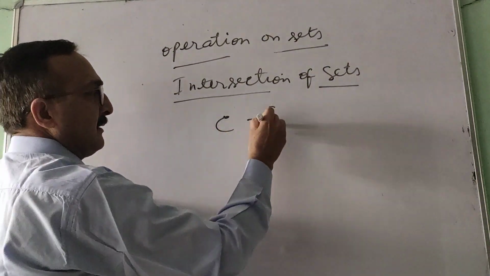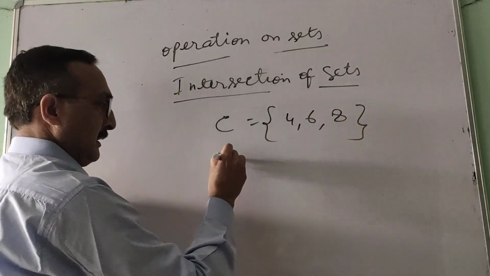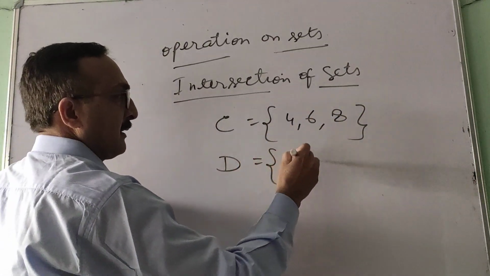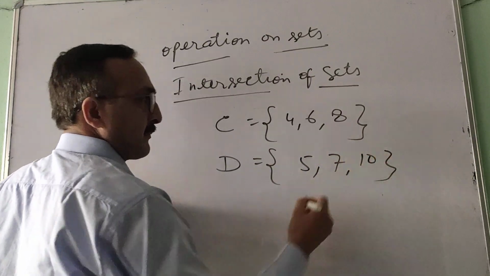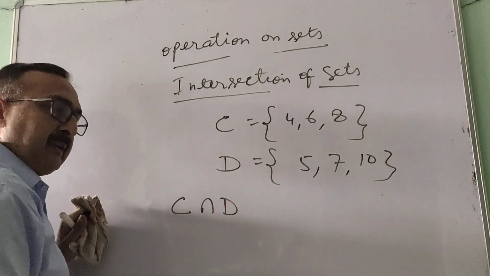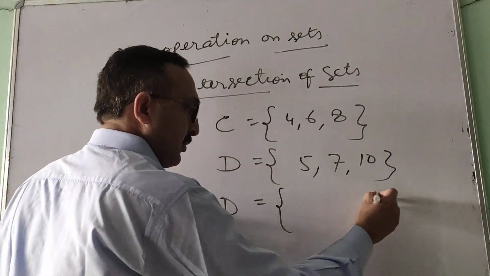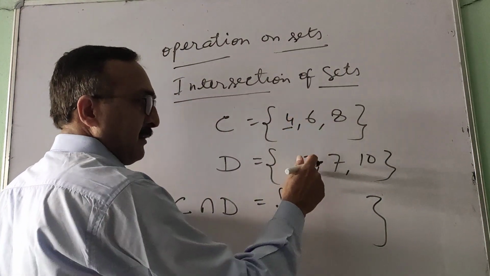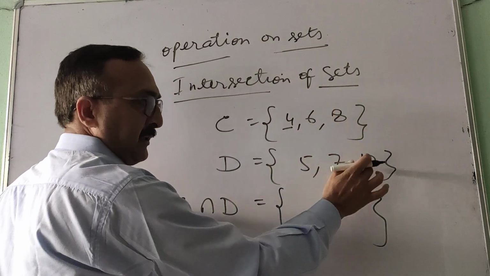One more problem. I take C: 4, 6, 8 and set D: 5, 7, 10, and we have to find C intersection D. Find the common elements. 4 is there, but 4 is not in D, no. 6 is not there, 8 is not there.